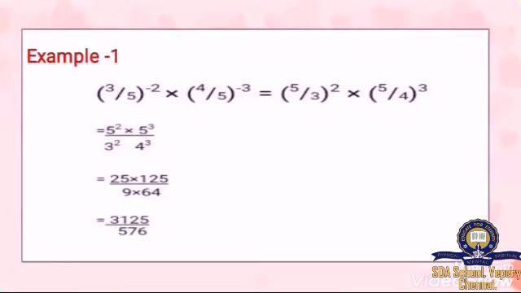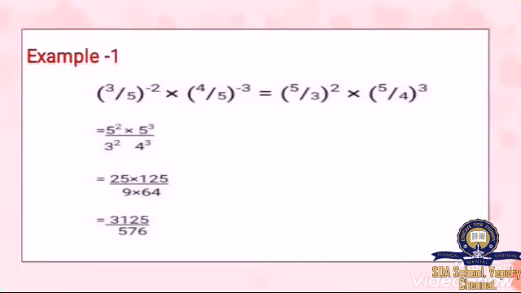When the power is applied to each individual integer, we get 5 raised to the power 2 into 5 raised to the power 3 divided by 3 raised to the power 2 into 4 raised to the power 3.